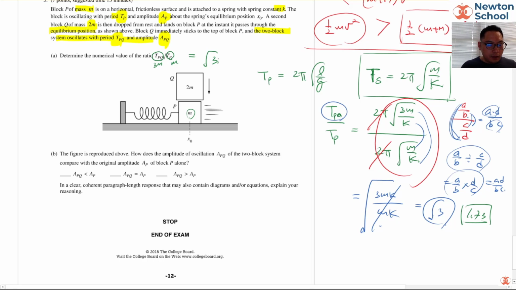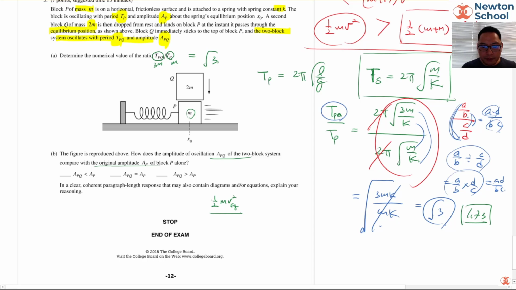All right, how about B? The figure is reproduced above. How does the amplitude change? Well, amplitude has to do with energy, the mechanical energy. So you have 1/2 mv squared, and I'm talking about the equilibrium speed.